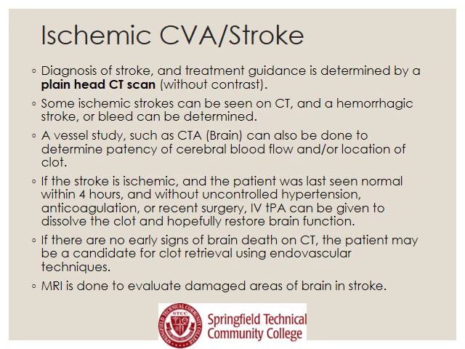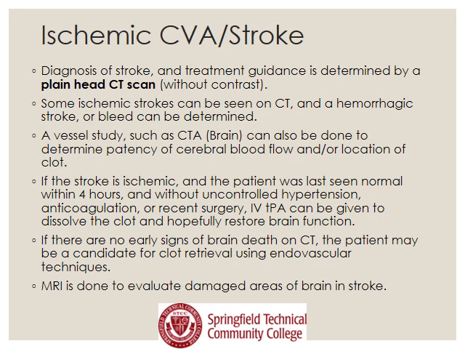In addition, if there are no signs of early brain death on the CT, the patient might be a candidate for clot retrieval using endovascular techniques, and a vessel study such as a CT angiogram or CT angio can be done in the brain, which will show you the blood vessels, and it can show you if there's a large vessel occlusion that your patient might be able to get treatment for.